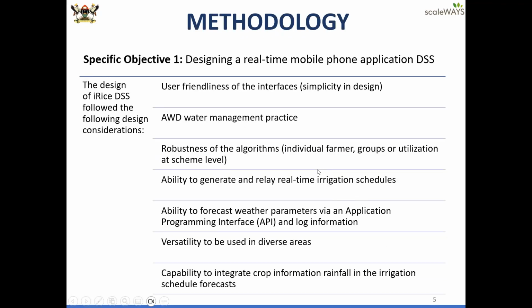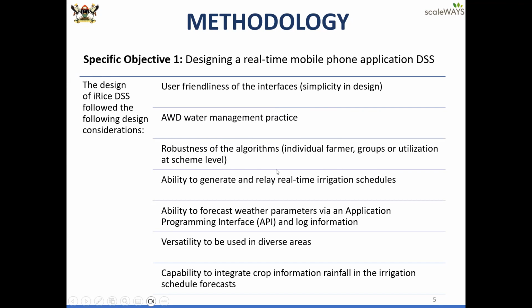So the study considered the design considerations that guided the development of the system. Among these included user-friendliness of the interface, because farmers want simplicity of design, and the alternate wetting and drying practice, a water management practice which is currently in use in many parts of the world.